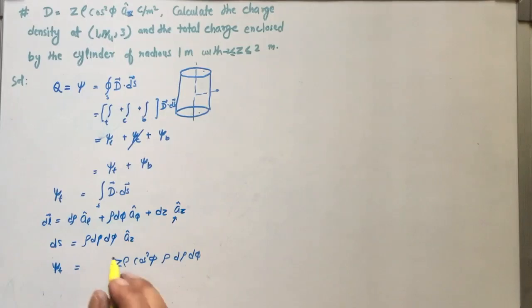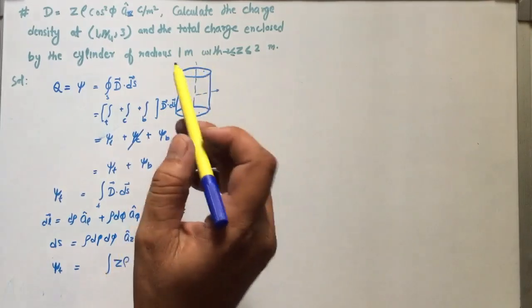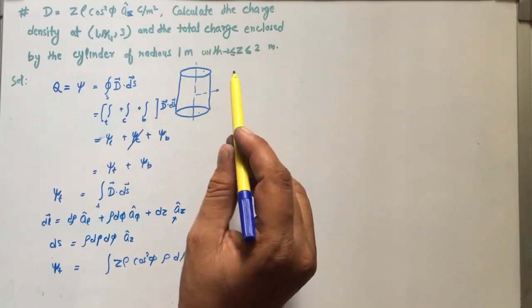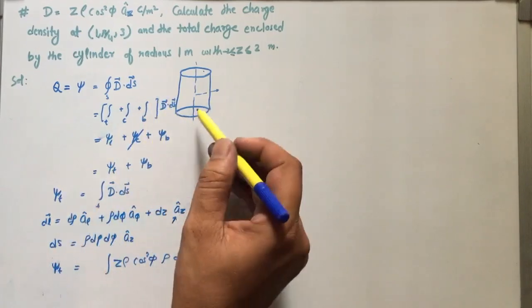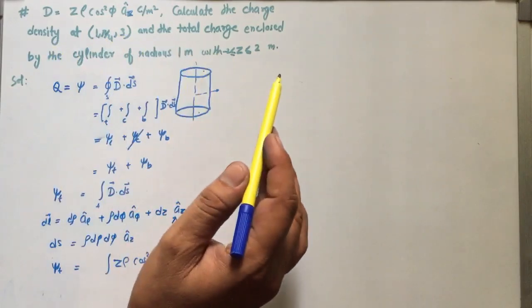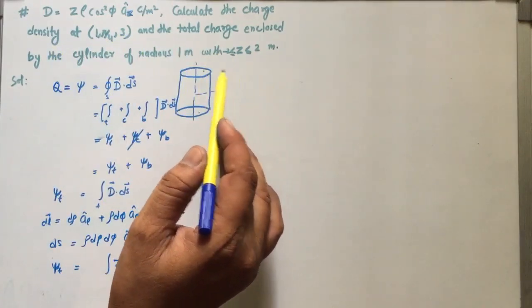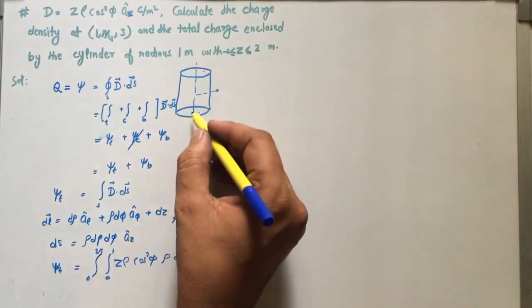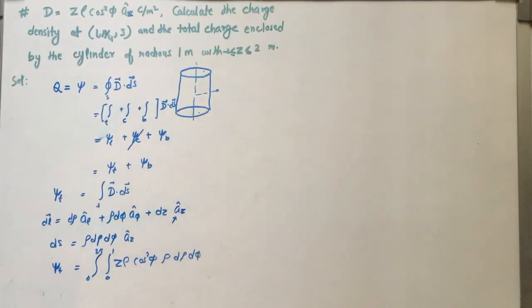Okay, and rho is varying from 0 to 1 by the cylinder of radius 1. So rho is 1, and the phi we know varies from 0 to 2 pi. So in this way we can find the total flux from the top surface.